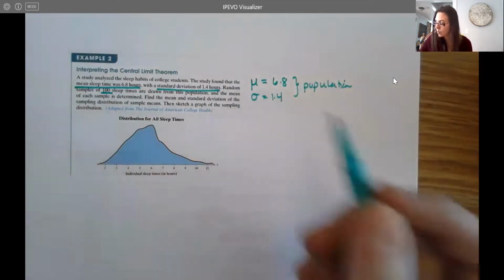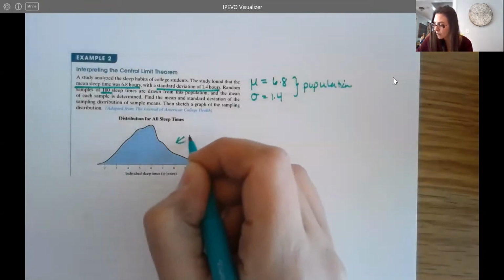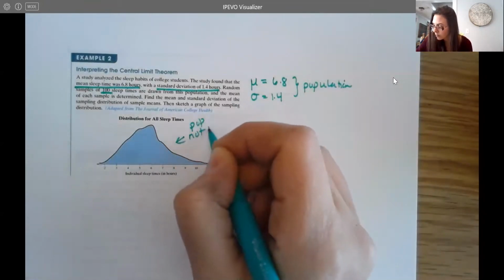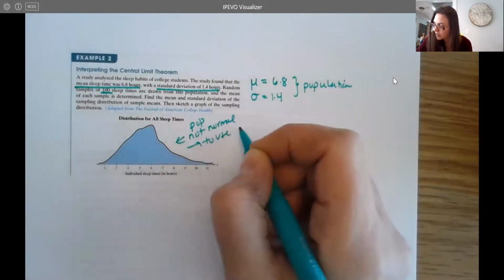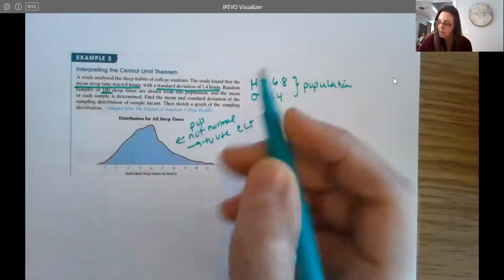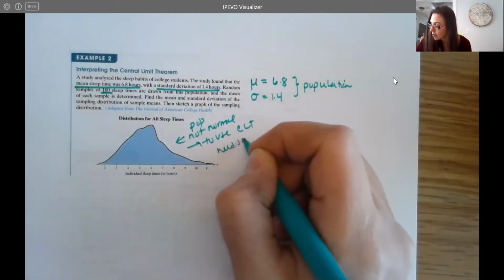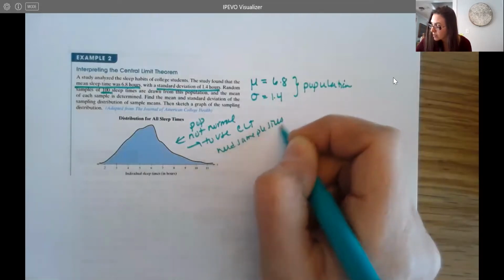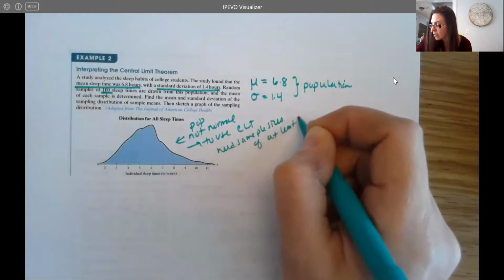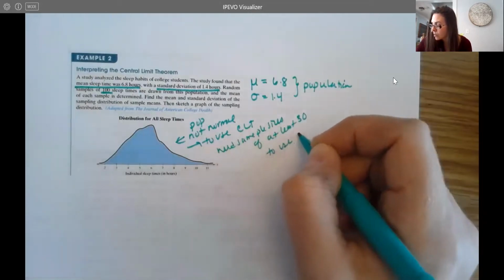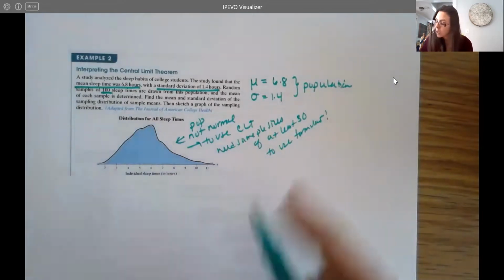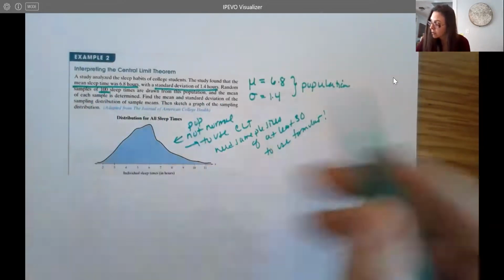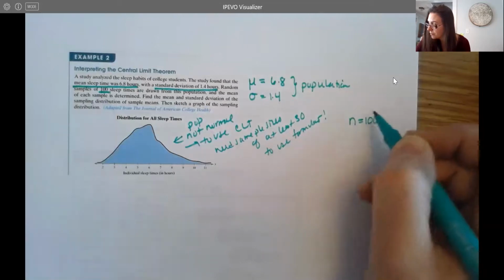So in order to use the central limit theorem, which we usually abbreviate as CLT, we need sample sizes of at least 30 to use the formulas. To use those formulas, you have to have at least a sample size of 30 because our population is not normal. Well, we're okay because our sample sizes are going to be 100.